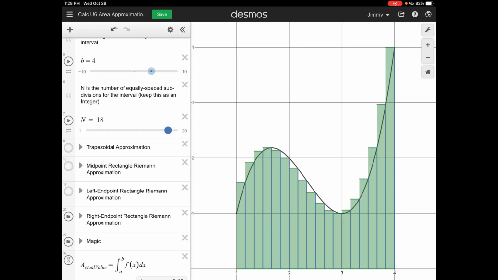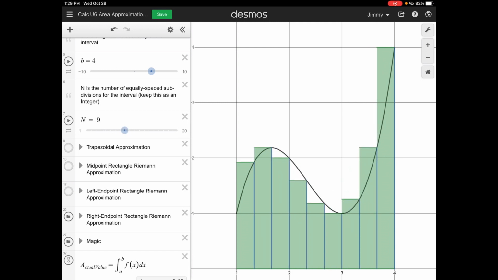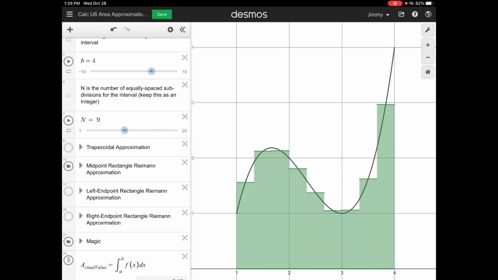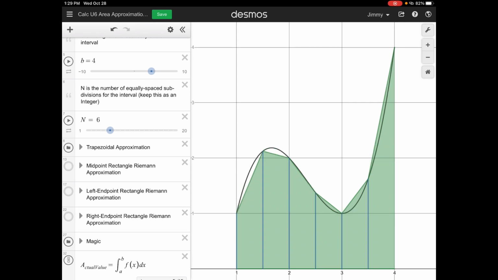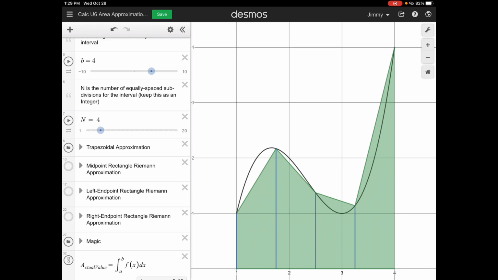So you see the effect of increasing the number of rectangles versus having a smaller number of rectangles, regardless of the approximation method. If I switch to midpoint and start increasing it, you notice the spacing is a little bit tighter and better as I increase the number of rectangles or subintervals. You can really see it with the trapezoid, because trapezoid sums are the most accurate approximation method we have.